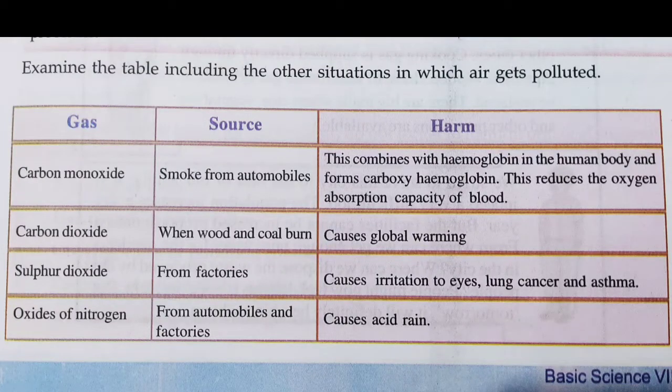When wood and coal burn, carbon dioxide is formed, which causes global warming. From factories, sulfur dioxide is formed and causes irritation to eyes, lung cancer and asthma. From automobiles and factories, oxides of nitrogen are formed and cause acid rain.